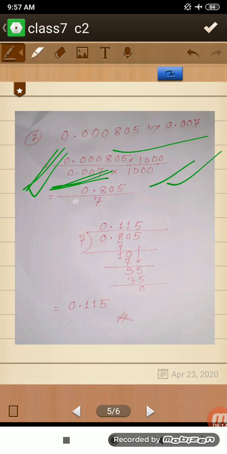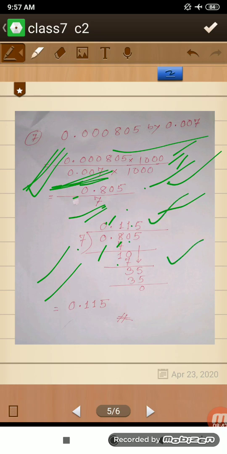Rule number 1: if you multiply by 1000, it will be 7, and you have to multiply in the numerator also, then it will be 0.805. Now direct division, long division method. Here line up the point here, and 8, you get 8, 7 ones are 7, 1 remainder, 0 coming down, and 10, 7 ones are 7, 3, 35, 7 5s are 35.